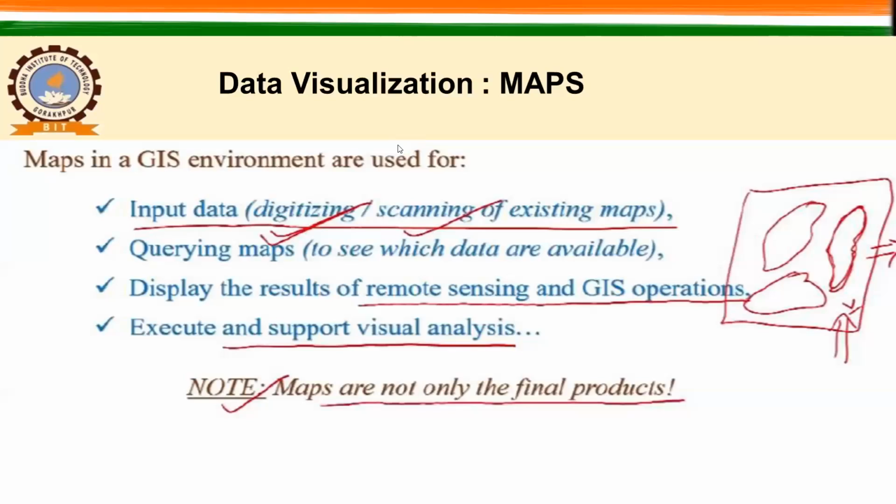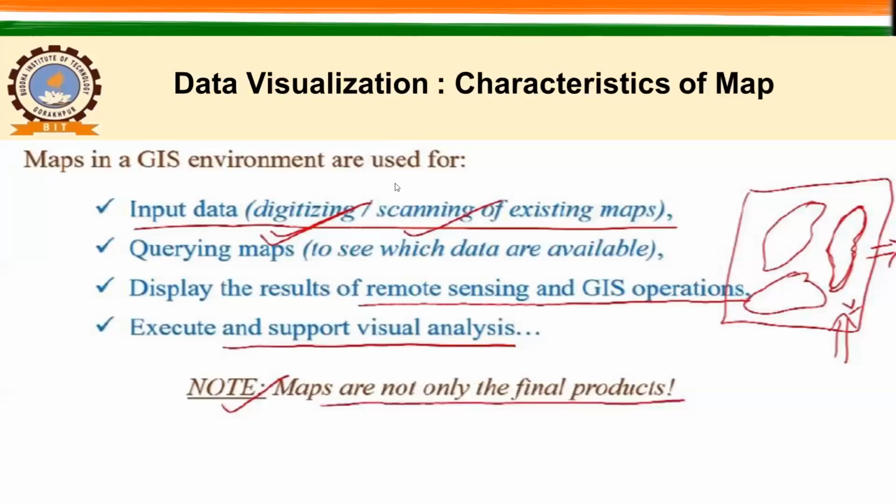Now let us see what are the different characteristics of a map. So a map provides the answer to questions related to basic components of the geographic data, right? So basically, this is in your graphical form.